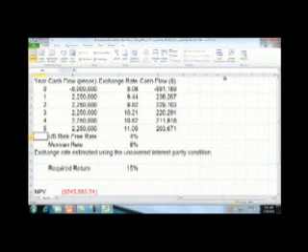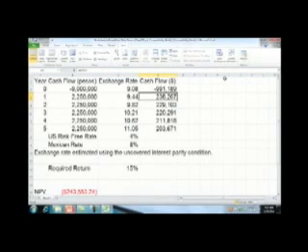Then we calculate the exchange rate. Now what we do here is we use the Fisher equation, and so for each exchange rate we multiply the spot rate by 1 plus the difference in the two inflation rates, which would be 4%, raised to the power. So this would be the spot rate, 9.08 times 1.04 to the first power. This would be 1.04 to the second, 1.04 to the third, and so on. This gives us a decreasing set of cash flows.